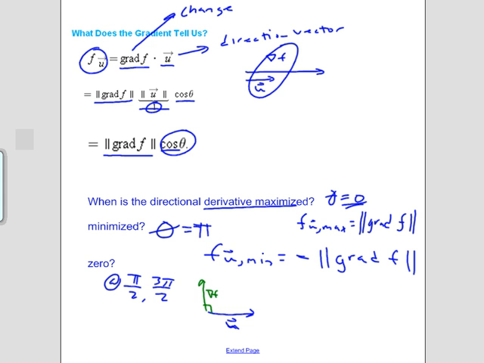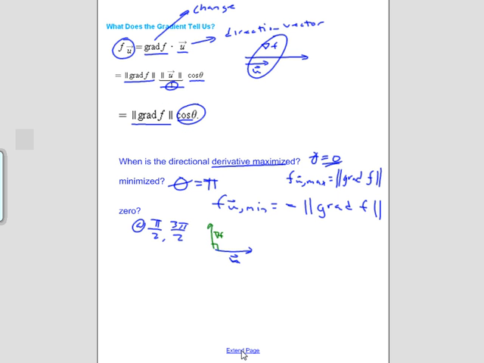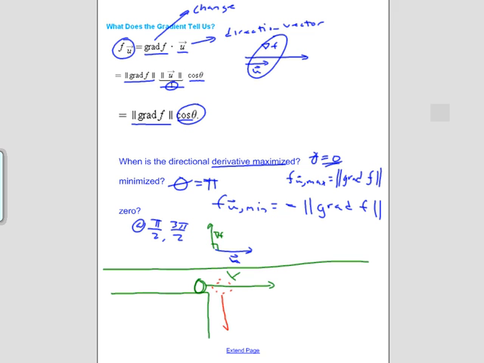Now, just to make sure this doesn't get lost on you, it's helpful to think about this in terms of physics. Let's think about a ball that rolls off a table with some velocity, and the instant it rolls off the table, gravity starts pulling down.